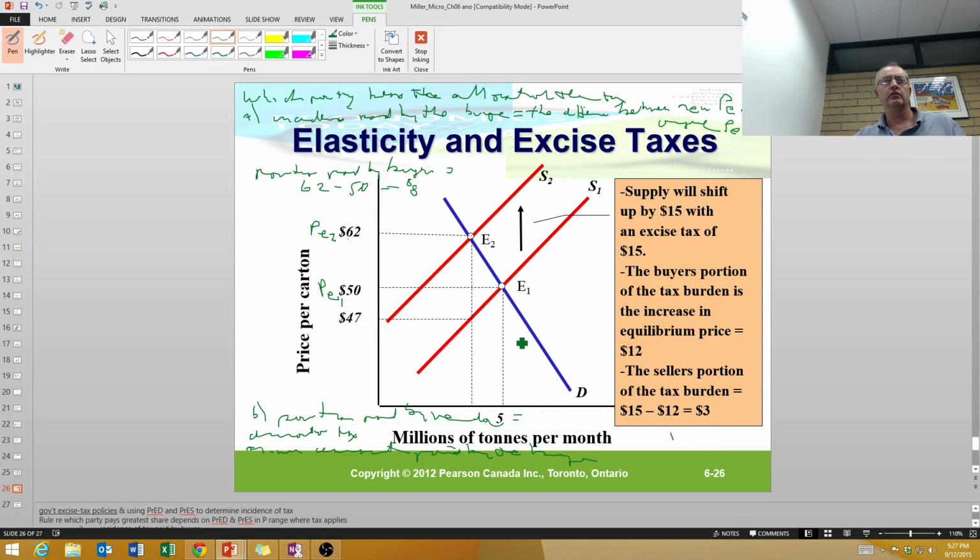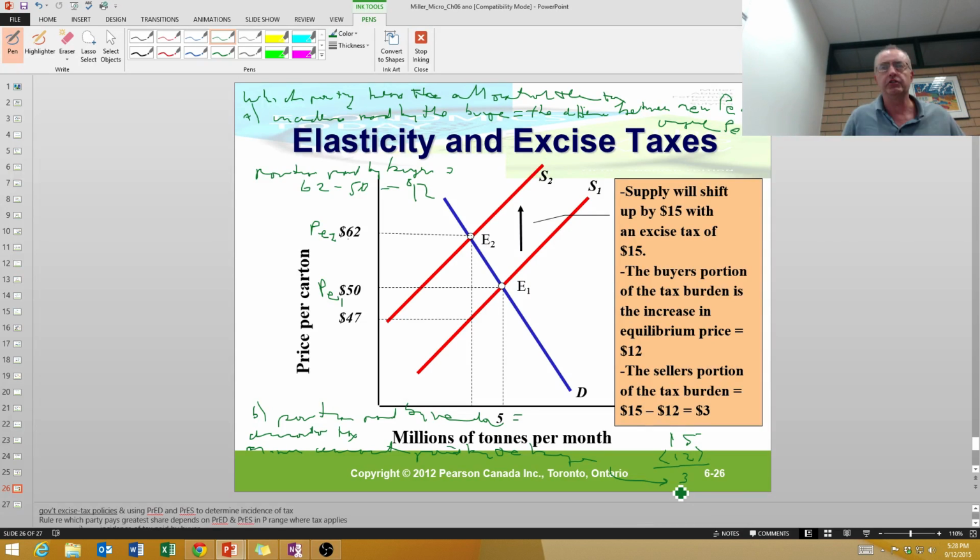Oh, I got this wrong. Sorry, I made a math error. 50 to 62, that's $12. So the total amount of the tax is $15 per carton, and the buyer pays $12. Therefore, the difference is $3, and that's the amount that the vendor pays.